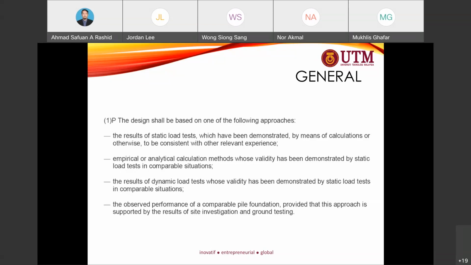Or the result of a dynamic load test whose validity has been demonstrated by static load test in comparable situation. Or the observed performance of a comparable pile foundation, provided that this approach is supported by the result of site investigation and the ground testing.